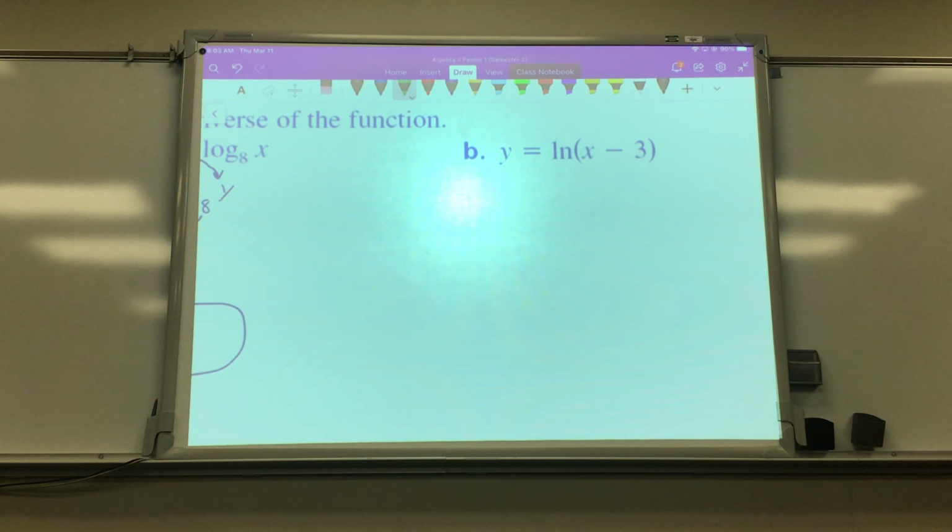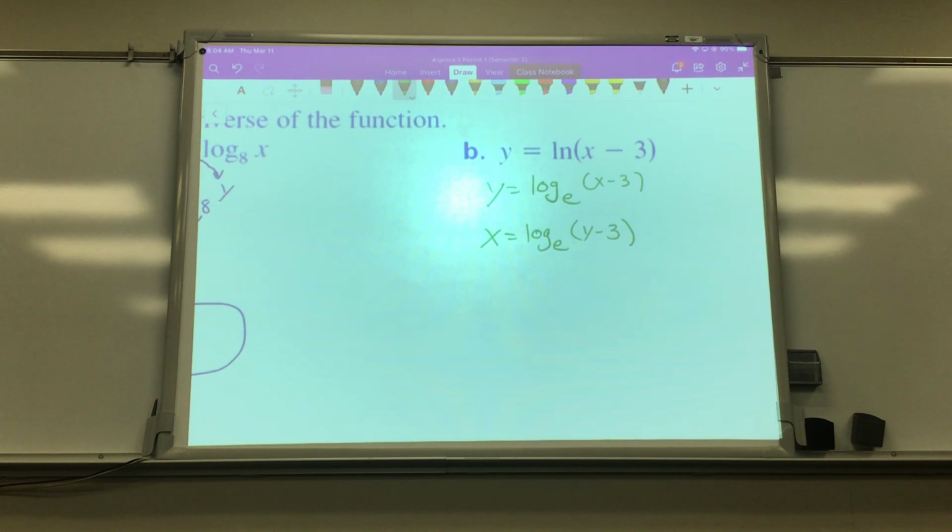So if you have a hard time seeing it, just rewrite it as log base e. And then, Jessica, your first step, flip x and y. And then solve for y, right?